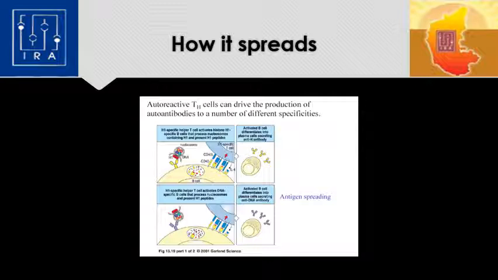Like that, the autoimmune response or an autoantibody which starts with one can slowly move into multiple sites. This is what we call antigen spreading, and this is one of the reasons why, if we come late in autoimmune diseases, more likely we will have more autoimmune processes.